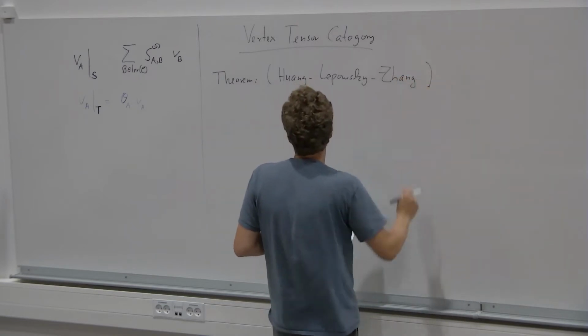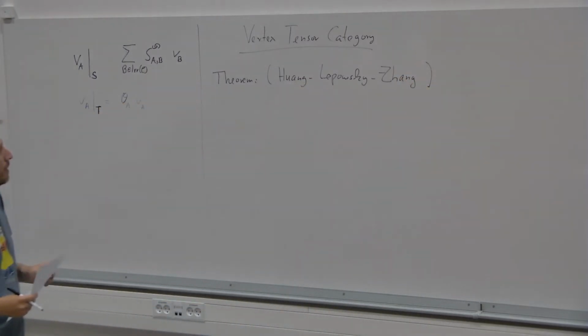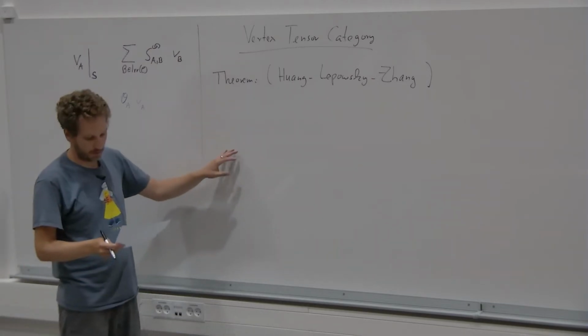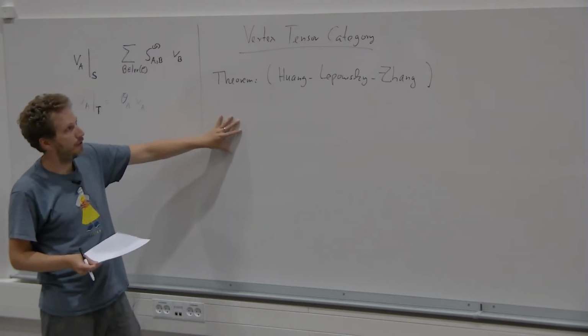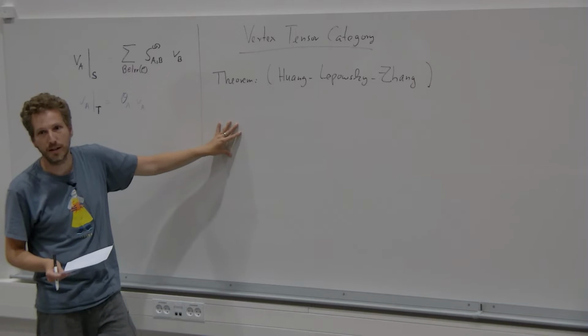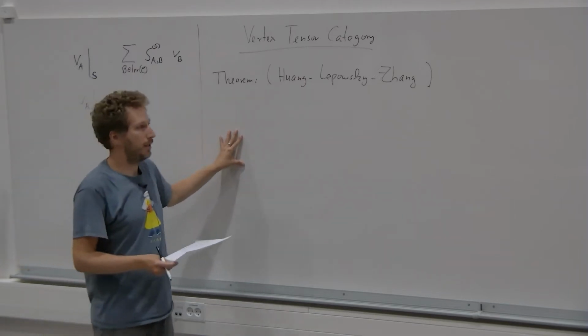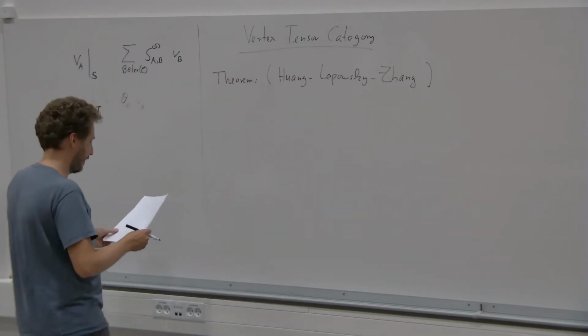Roughly 15 years ago, they wrote a series of 8 papers, each more than 50 pages, where the main point of this whole collection was to establish a theory of braided tensor categories for vertex algebras.